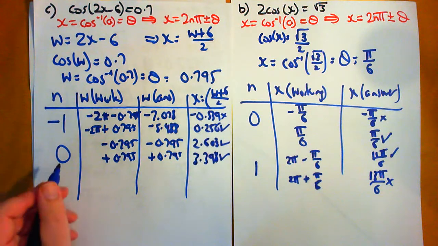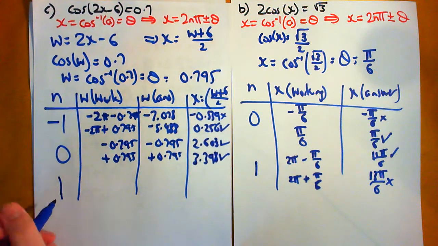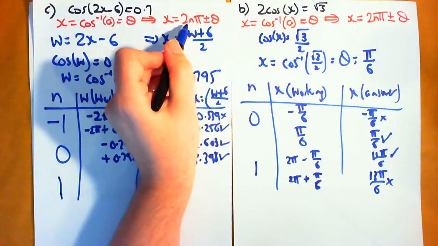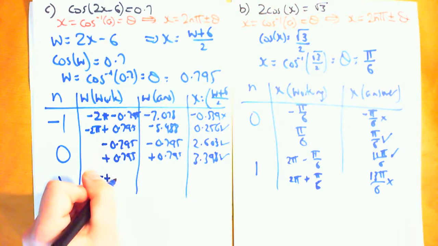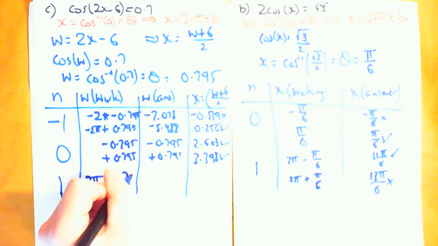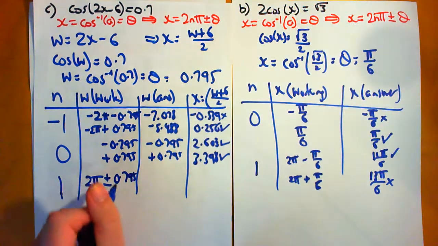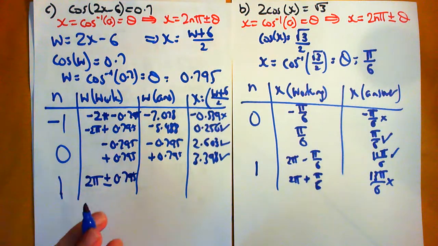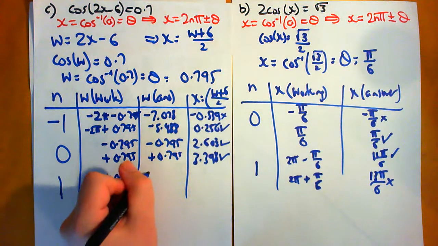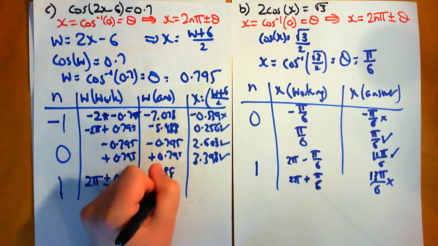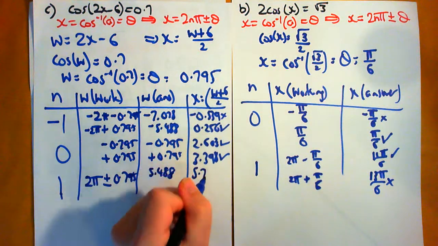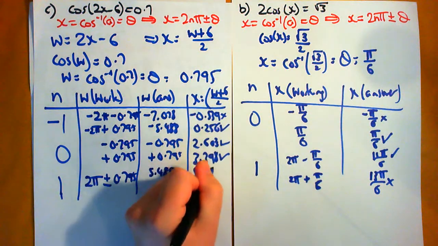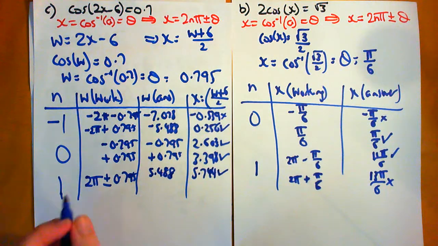And for n being 1, we get 2 pi plus minus 0.795. So 2 pi minus 0.795 will be 5.488. And if we work out that plus 6 divided by 2, we get 5.744, which is within range.